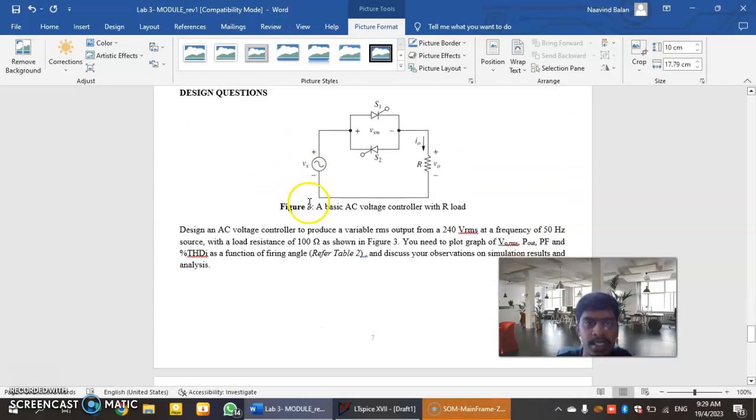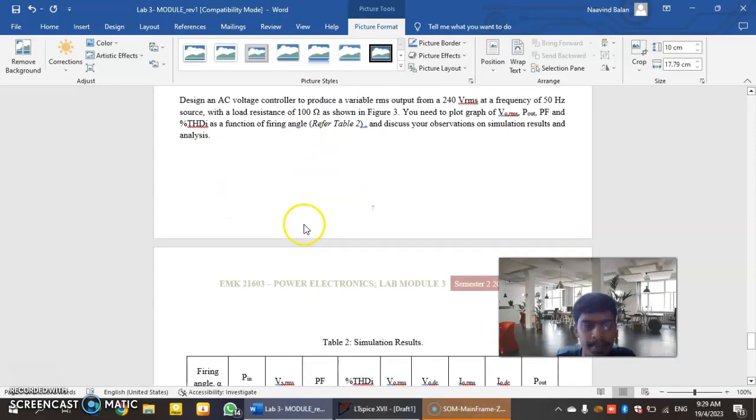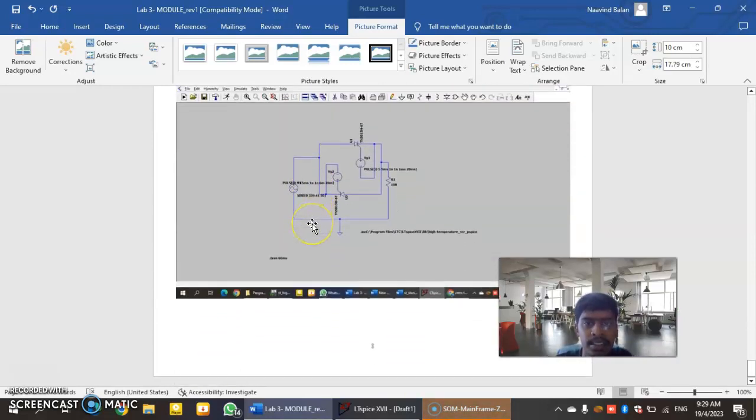For the design question, I have done the circuit. For the power supply, the diode and transistor, the voltage supply and the resistor, I connected them, with 60 milliseconds because I did it for three peaks.